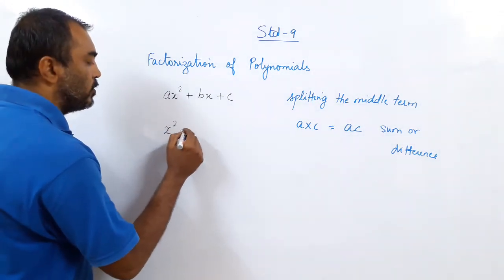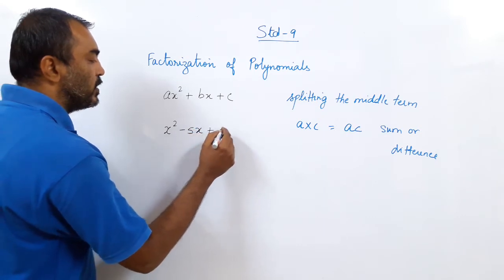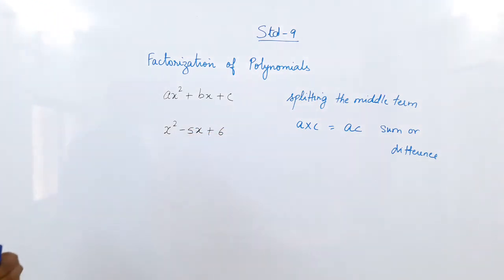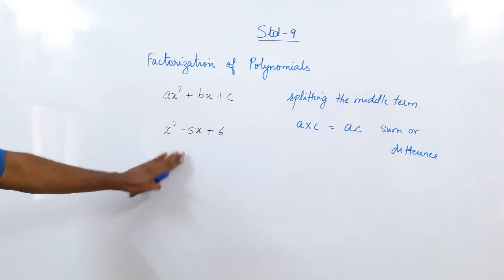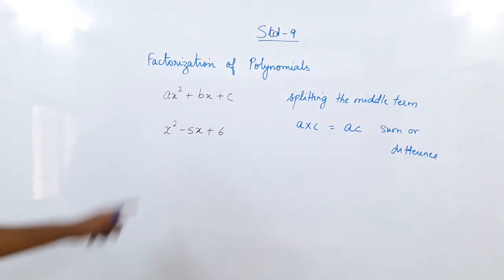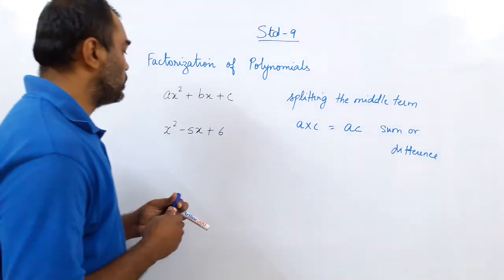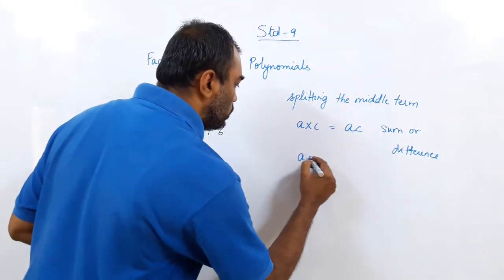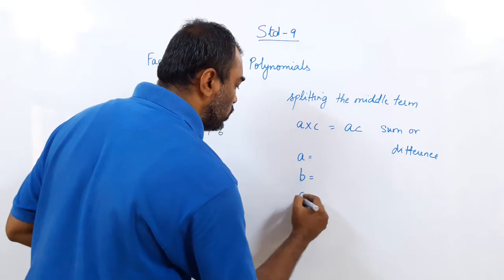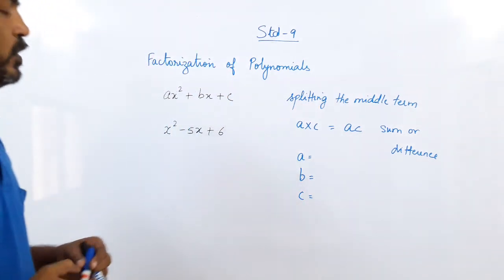Say x square minus 5x plus 6. So we are going to factorize x square minus 5x plus 6. So first of all, let me write down what is a equal to, what is b equal to, what is c equal to. We go step by step.